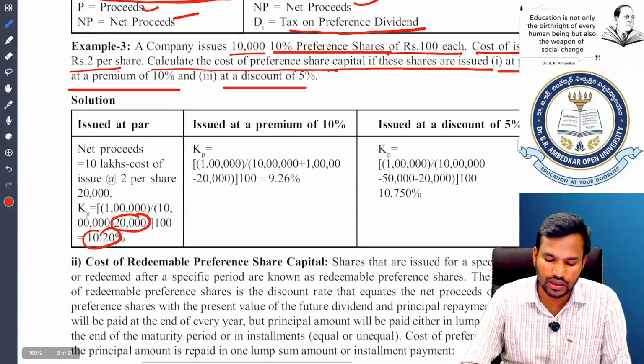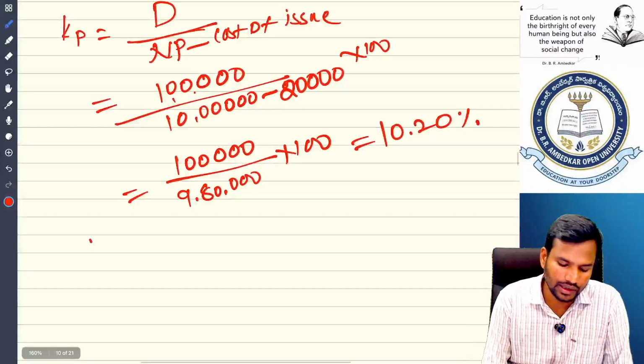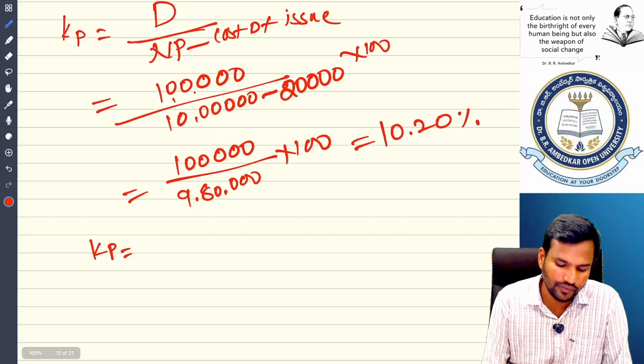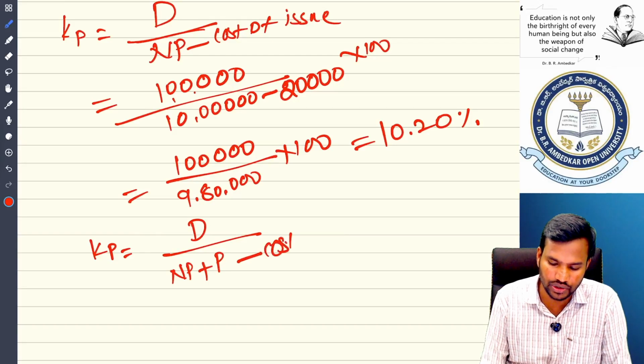But if issued at a 10% premium, then it is very simple. KP is equal to D divided by NP plus premium minus cost of issue.